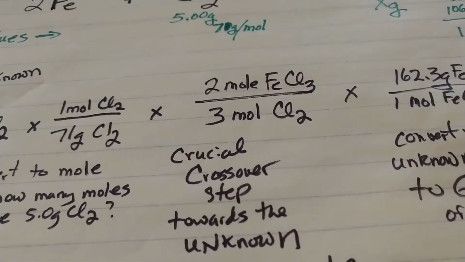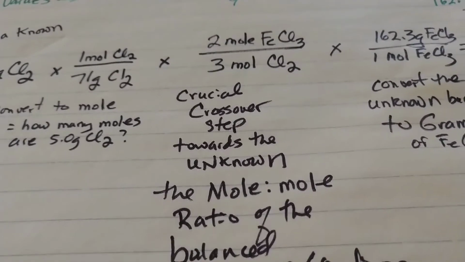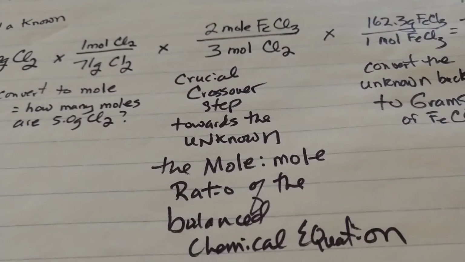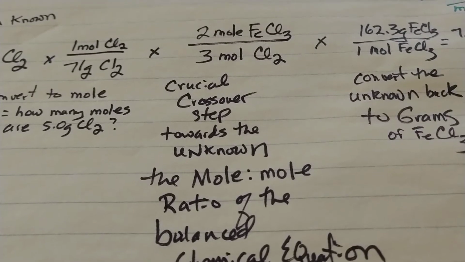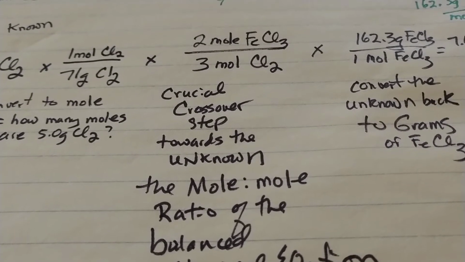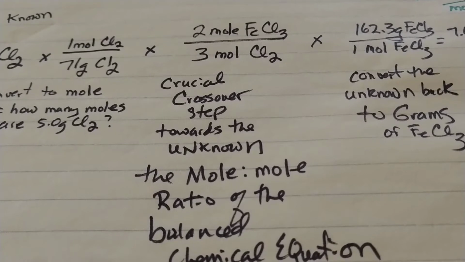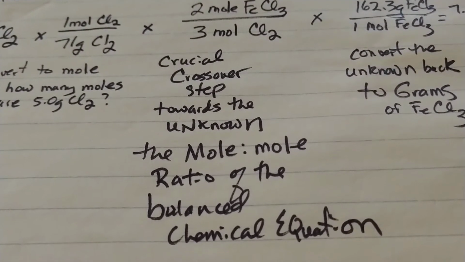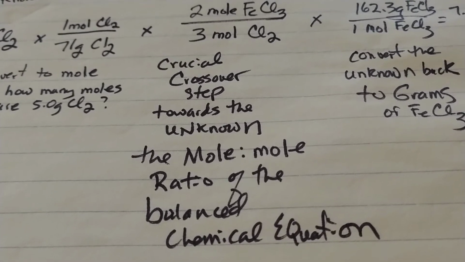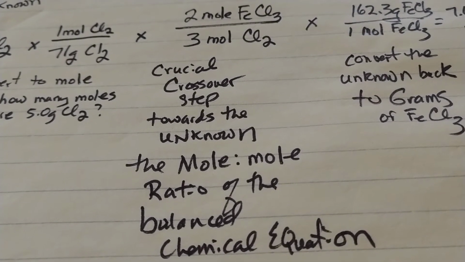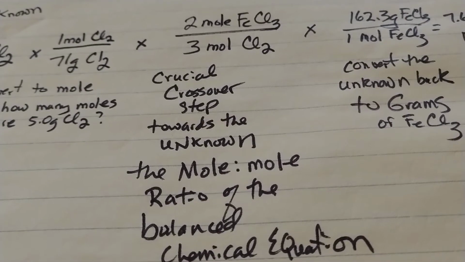So I call this the crucial middle step, or the crucial crossover step, where I'm crossing over to my unknown, which is the iron(III) chloride. That's the mole-to-mole ratio of the balanced chemical equation. But I'll run the string one step further because, after all, I want to know grams.